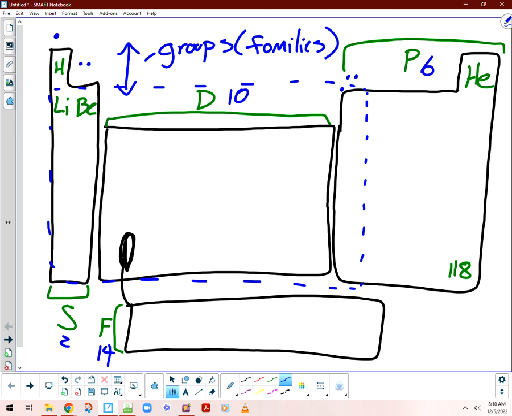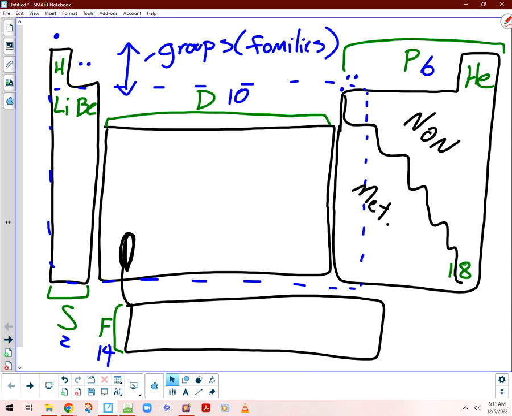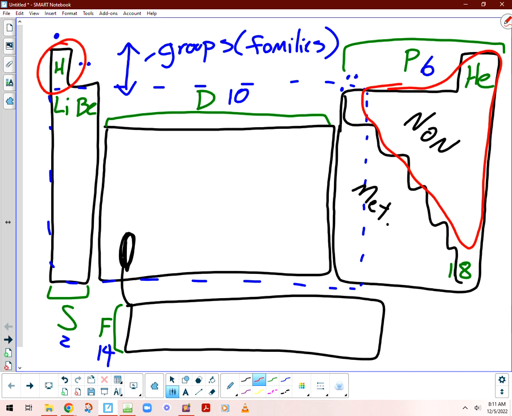You get out beyond that into groups 14 through 18, you start to see a little bit of a change. You actually see kind of a jagged stair-stepping line that sort of splits the P block into the metals and nonmetals, and then you've got some elements right along the stairs that tend to have properties of both. Now your nonmetals, all of these that are up here in the top right corner, and also hydrogen, what they're known for is being very, very electronegative. They are very, very attractive.